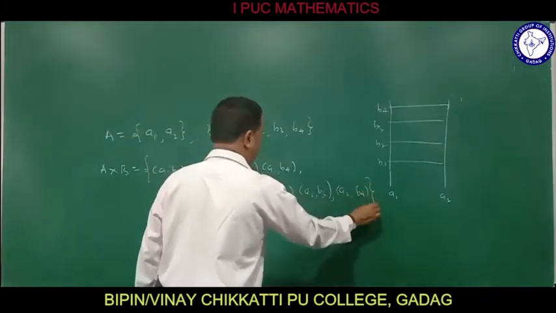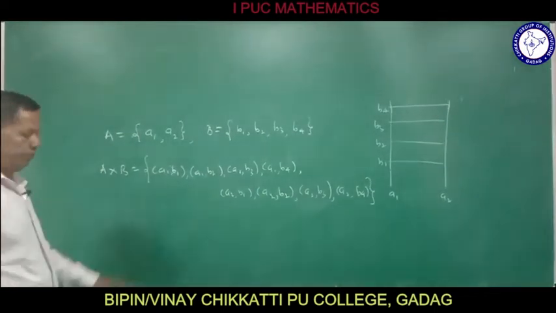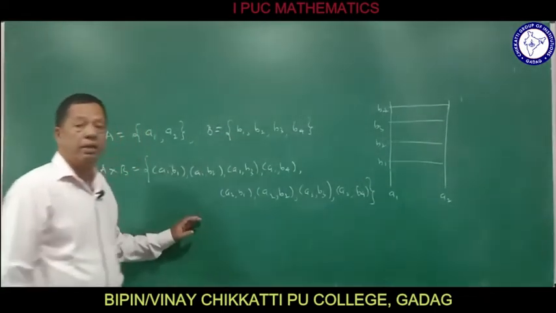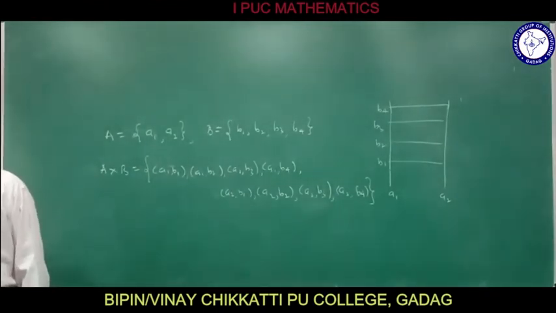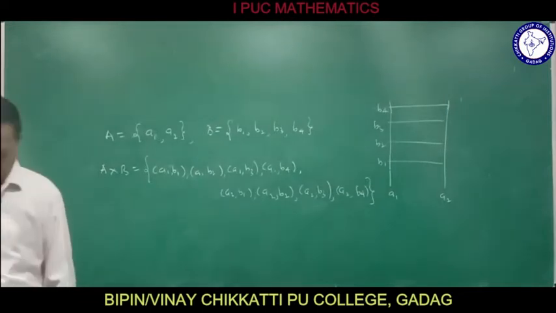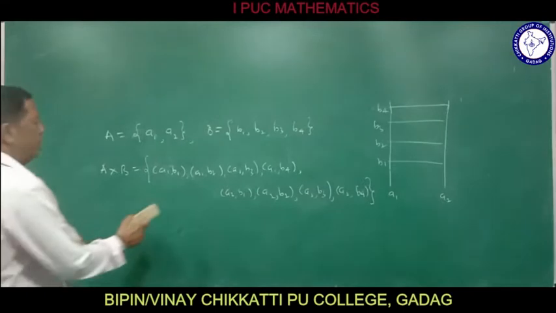So this is the Cartesian product. I hope you have understood how we find the Cartesian product in this case, and how we are multiplying with that diagram.